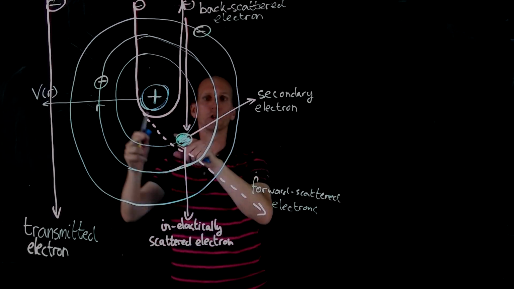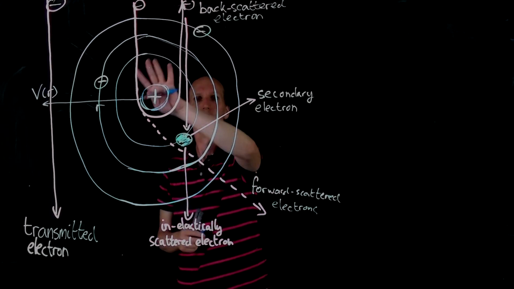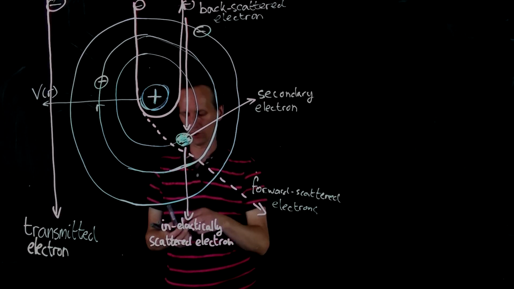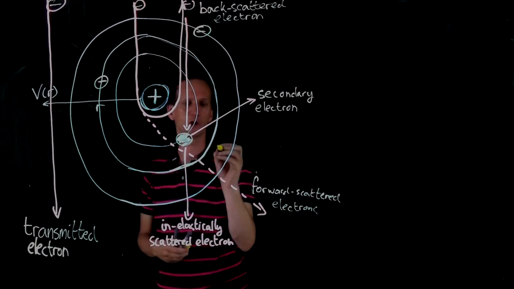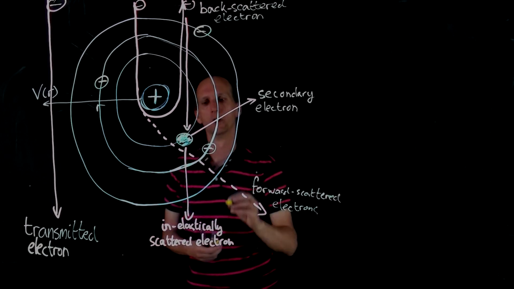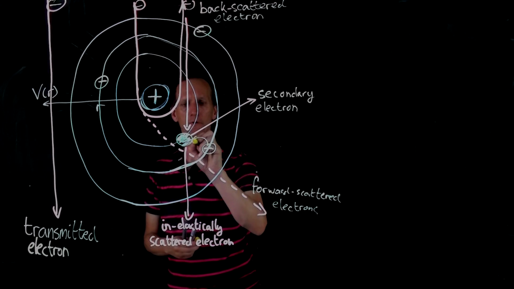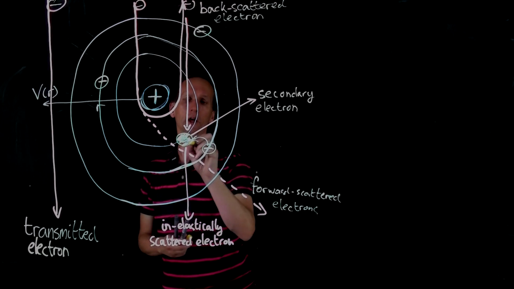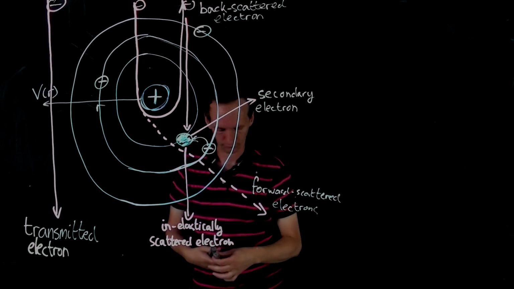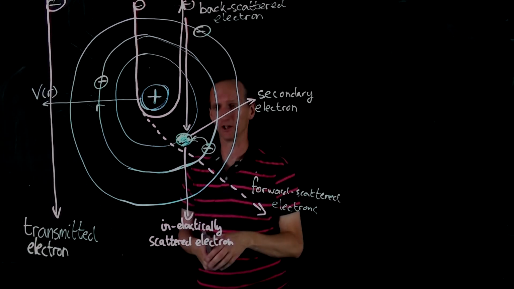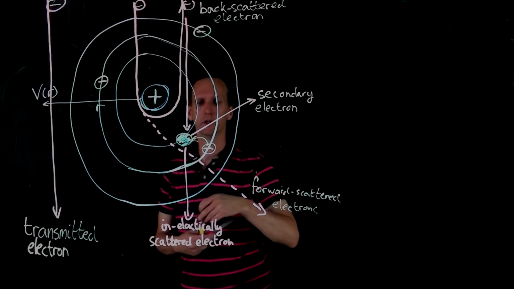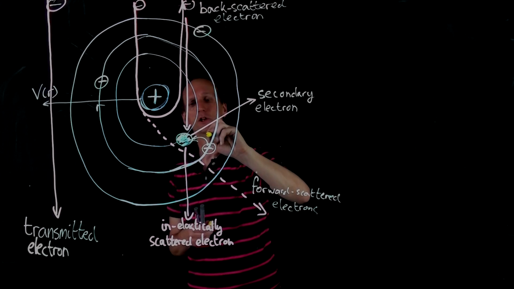Now, if this happens, then of course this electron is gone, and it leaves a hole in this orbital. So we have an orbital here that is not occupied, and then one of the electrons in another orbital, traveling around, may lose a bit of energy by falling from the higher level into this level closer to the nucleus. That loss of energy can lead to the emission of radiation.